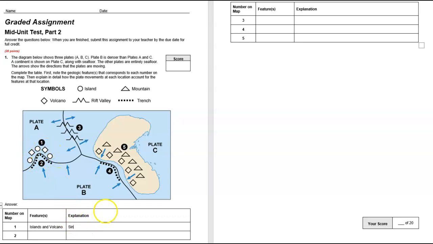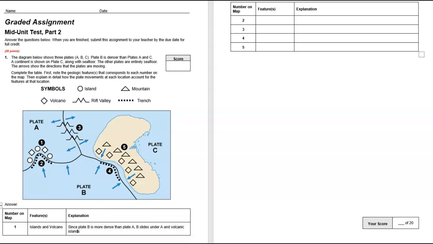So you would write here in the explanation, since plate B is more dense than plate A, B slides under A, and volcanic islands form. That's exactly the kind of explanation that I would be looking for.